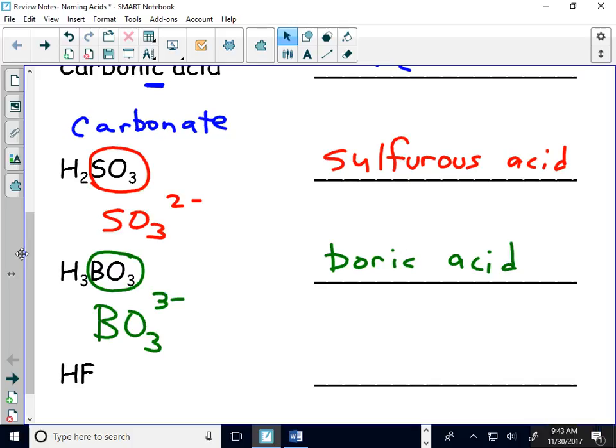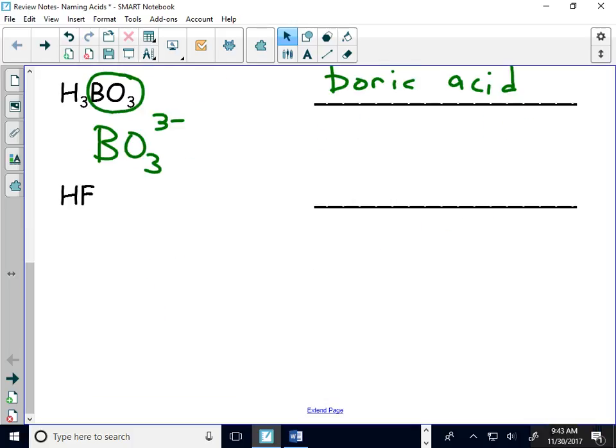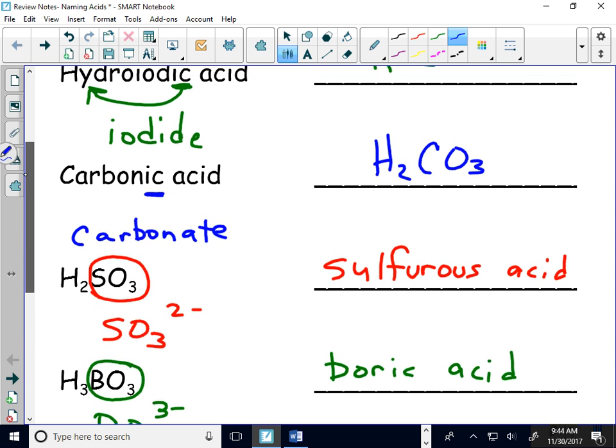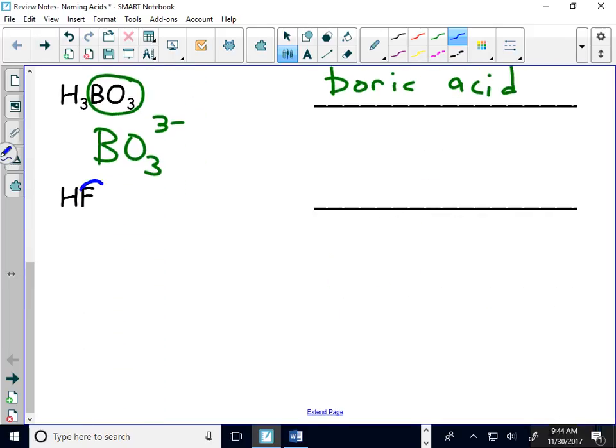My final one is simply an F. What's the charge of F? 1 minus. How again do I know that? There's only 1 hydrogen. So, what is F 1 minus?